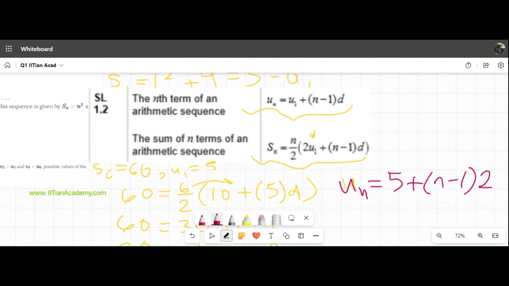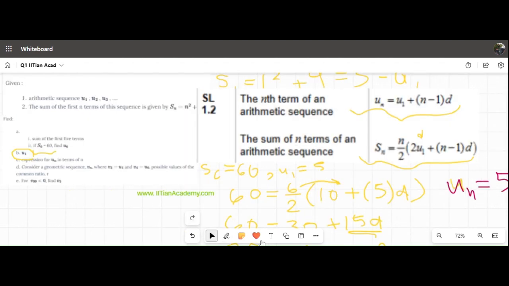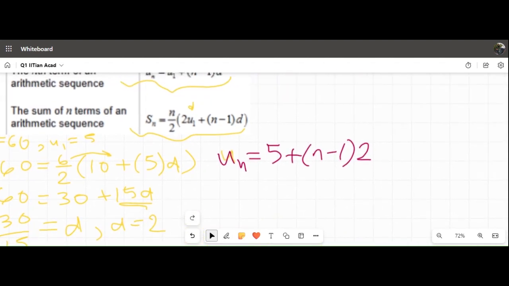And that'll be our general equation for any specific term. Just to note, we can further simplify our equation, un, by expanding the 2 into the brackets, so that our equation then becomes 2n plus 3.